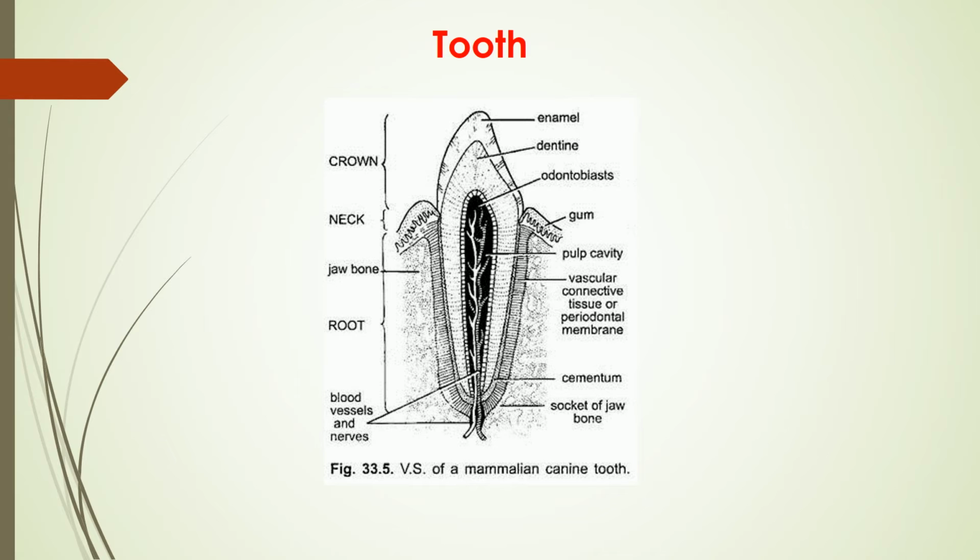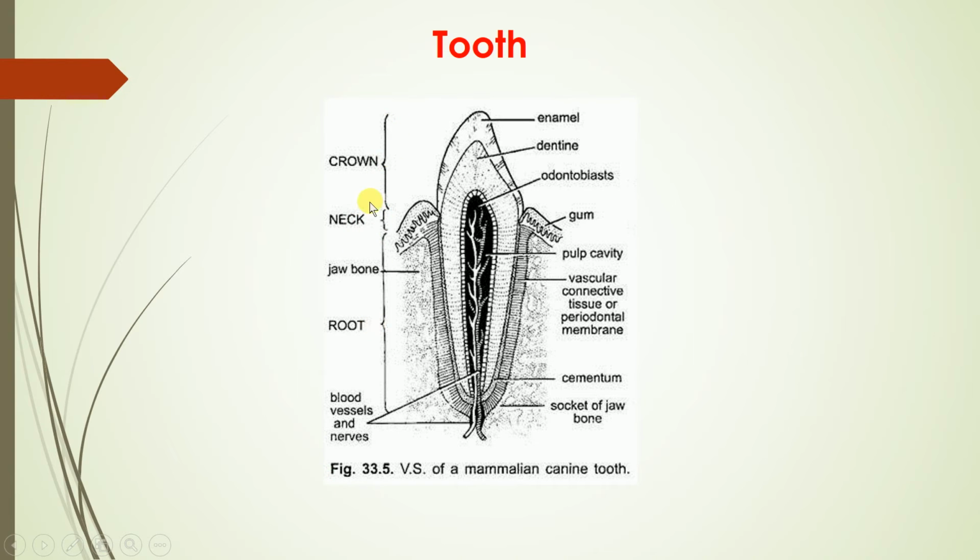Here heterodont type of teeth are found in human beings and in mammals. In human beings the dentition formula is 2123, meaning 2 incisors, 1 canine, 2 premolars and 3 molars.